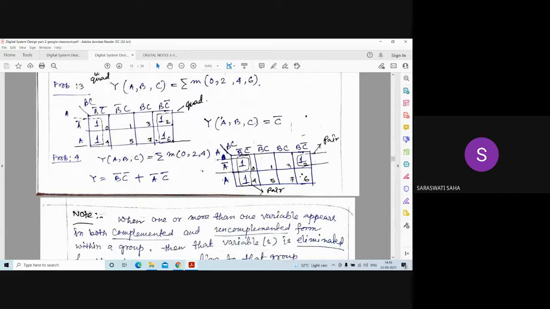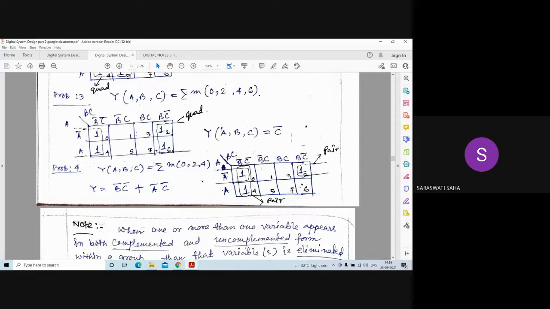Now, another way we can form the quad in a 3 input, 3 variable K-map. Another option is there: 0 to 4, 6. If we consider this graph as a paper, this graph is drawn on the paper, and if we fold the paper, both sides will come at the same line.